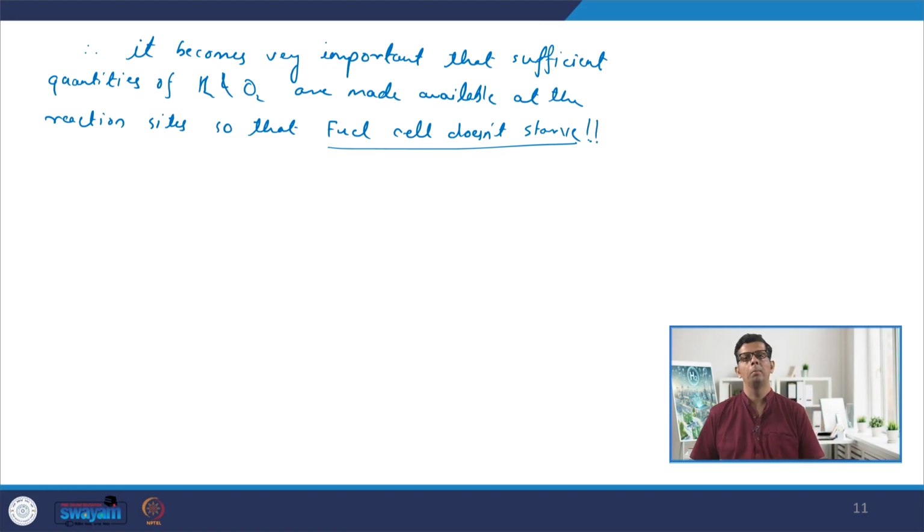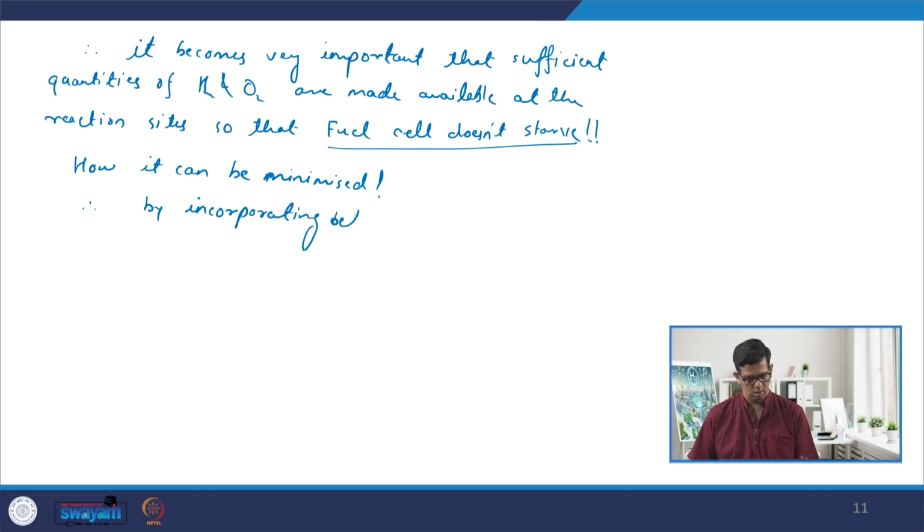So, how can this problem be minimized? So therefore, by incorporating better flow field designs.